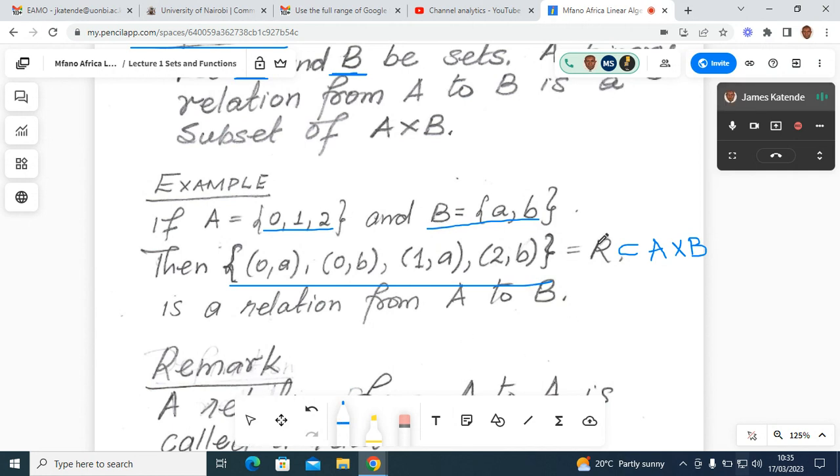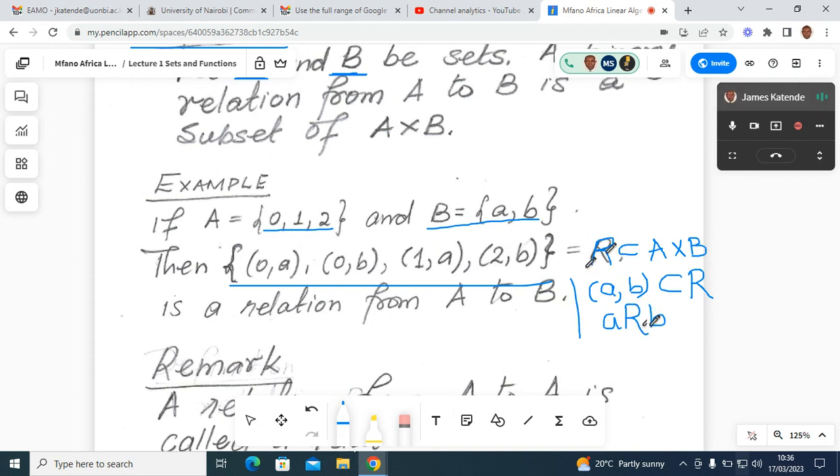So this subset is R. Sometimes some books will do this: if (a, b) is in R, they will write a, put the R in between, and put the b after.